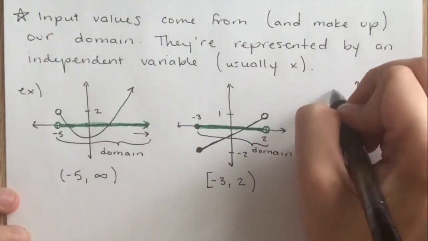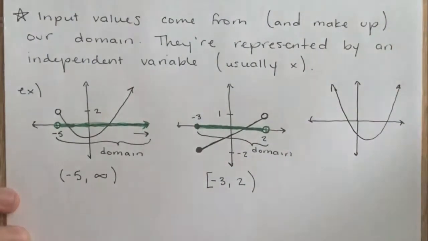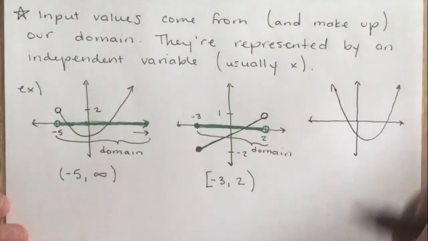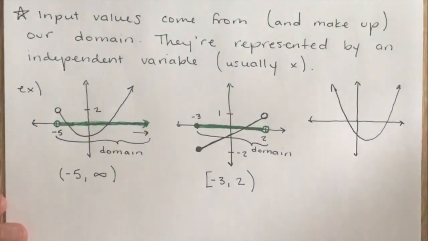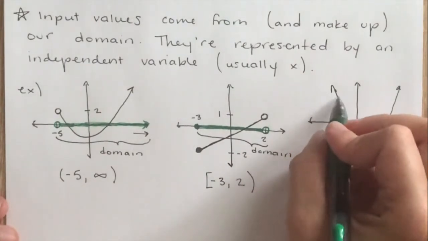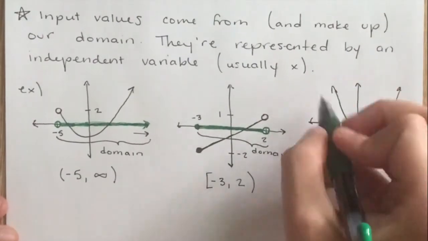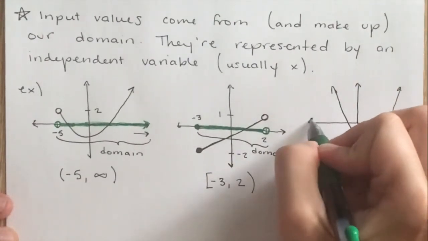Let's say we've got this classic guy that we've seen a few times at this point. So again, looking for my domain, I start on the left of the x-axis. I look up, I see that the function is continuing forever in this direction. So all of these are going to be counted.